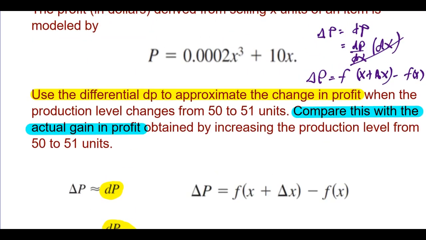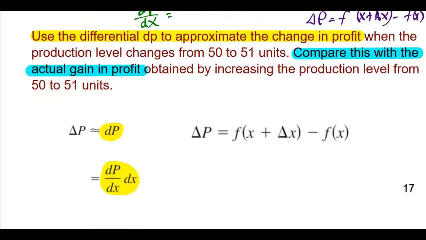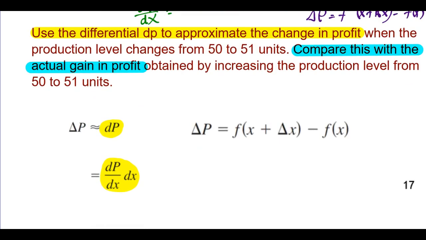Here's given p, and then I'll go find dp dx. That's just the derivative of this thing with respect to x, the derivative of the profit with respect to x. So let's go find dp dx because I need dp dx right here.